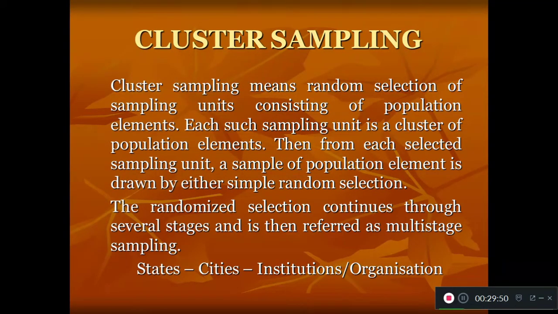From those five states, I am selecting five cities in each state, and from each city I am going to select one college. So like this, when we do that, the sampling method is multi-stage sampling technique. So multi-stage method we mainly use when we have cluster sampling technique to be applied in our research.